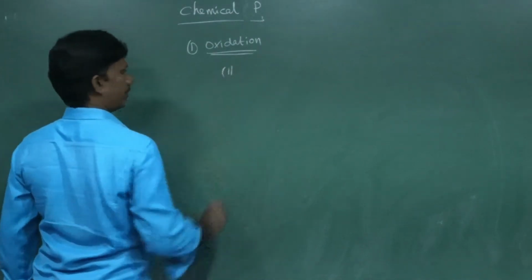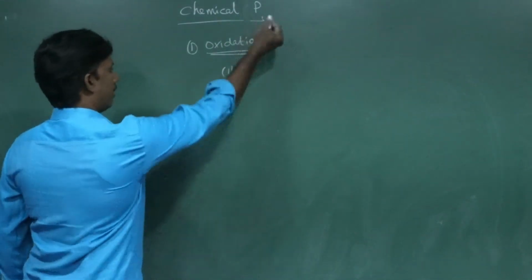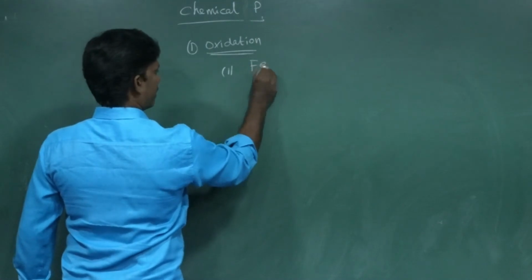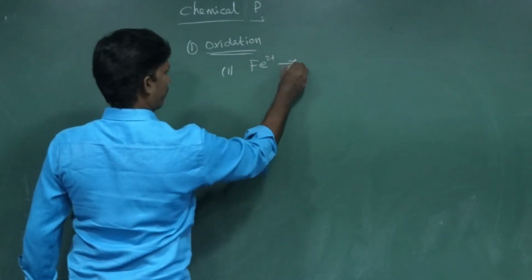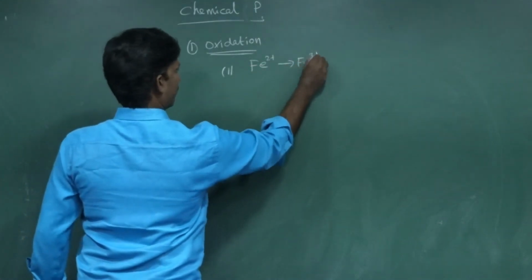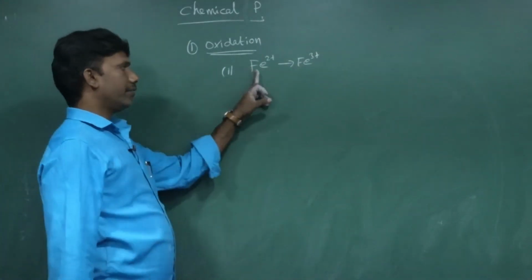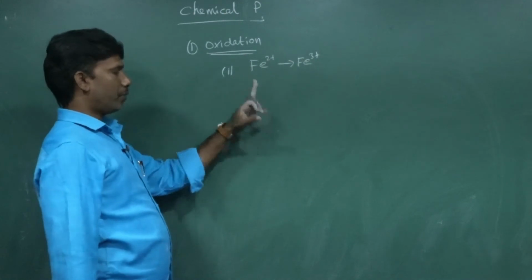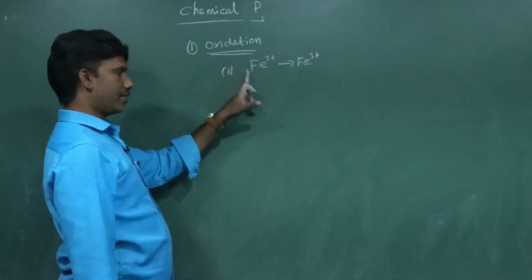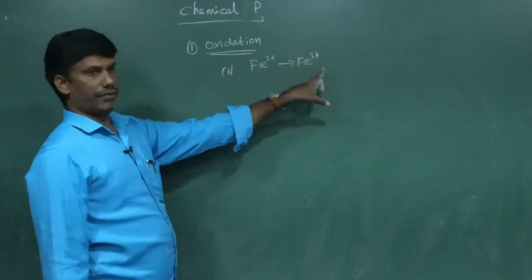First, it oxidizes Fe2+ to Fe3+, ferrous to ferric. Potassium dichromate oxidizes the ferrous to ferric ion.